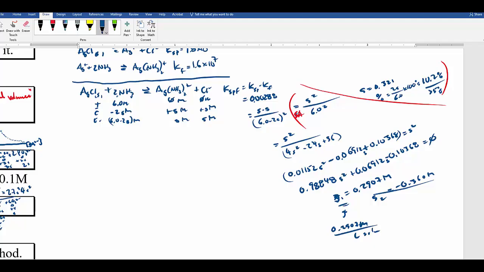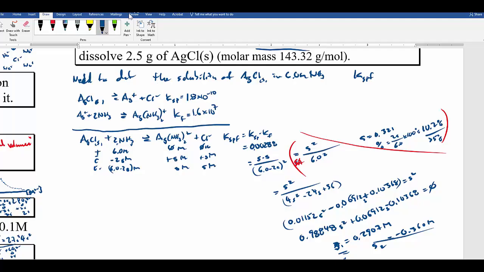Moles of complex are actually moles of silver chloride, because the way this works is that for every one of these I have, one of these had to dissolve. And so it's a 1-to-1 mole ratio. So if I have 0.2907 molar silver complex, it's got to be 0.2907 moles of silver chloride dissolved.